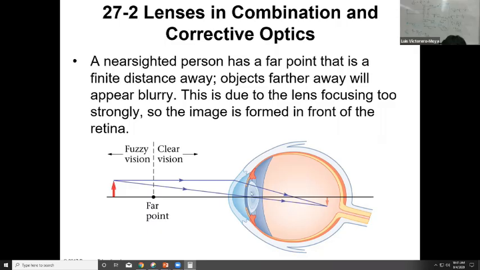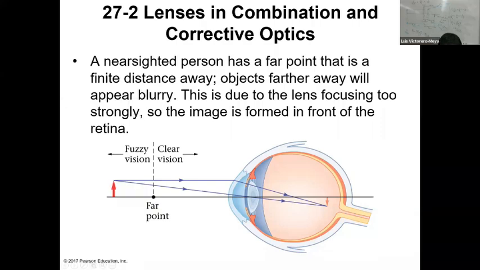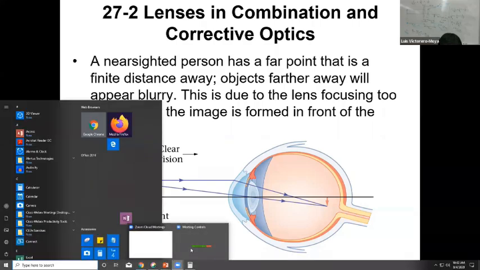So the eye lens is not working properly anymore for objects that are too far. So let me ask you a question. How will you correct this case? Think about everything we've been discussing. I will use the whiteboard for this part.